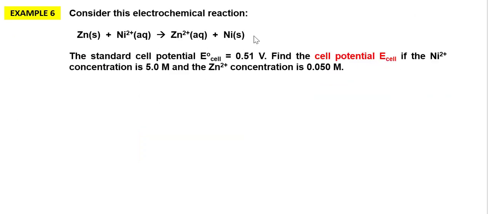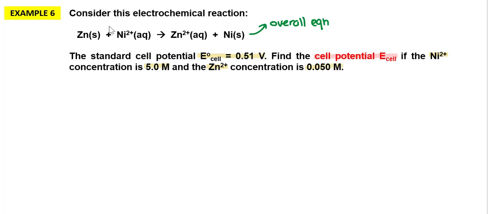So in this example, we already have the overall equation, right? And the standard cell potential, the E naught cell value, is also given. The question asks us to find the cell potential, which is the E cell, if the concentration of the nickel ions is 5 molar and the concentration of zinc ion is 0.050 molar.